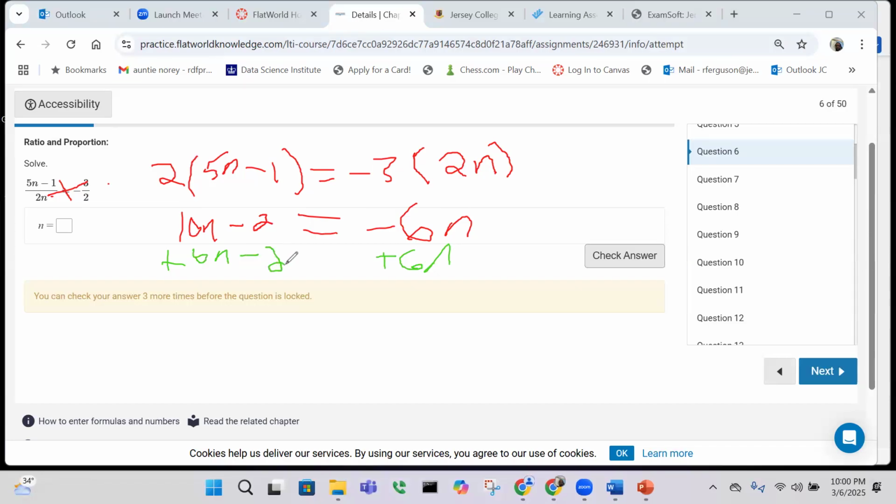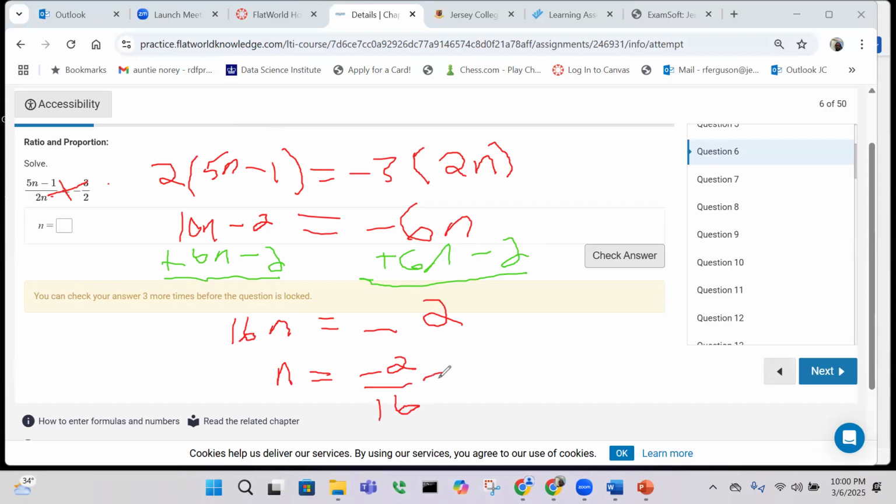I want the numbers on one side and the n on the other, and add them up. So when I reduce this, I have 16n, I keep saying x, 16n is equal to 0 minus 2, -2. Or this looks like n is equal to -2 over 16.